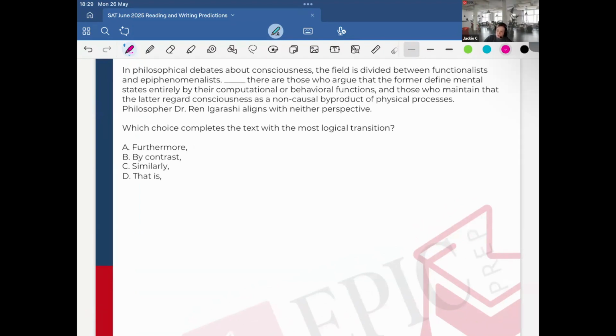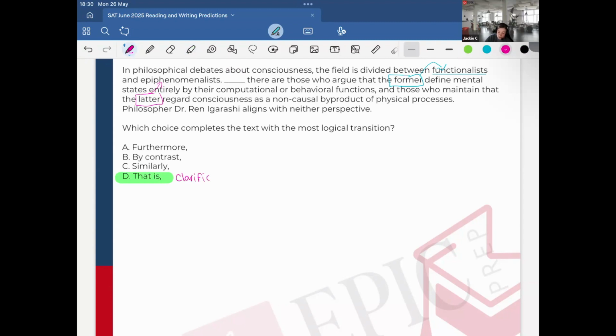Okay, so here, to me, it seems to be clarifying what the two debates of consciousness are, which are functionalist and epiphenomenalist. And just so you see that the former refers to the first dimension, and the latter refers to epiphenomenalist. And the one that's being used for clarifying would be that is.